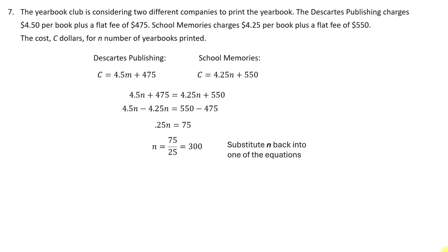Once we have that value for n, we can substitute it back into one of the equations and find out what the cost is for n number of yearbooks. So 4.5 times n, which is 300, plus 475 gives us a cost of 1825.